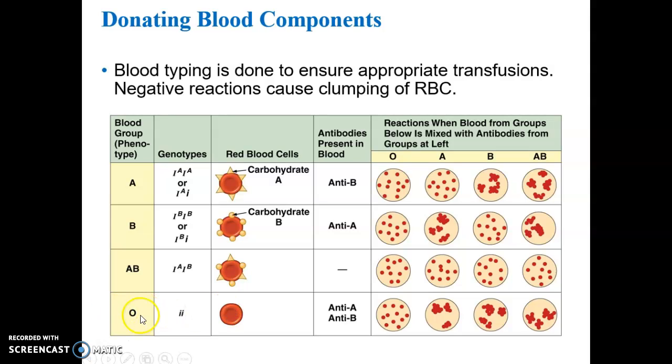So blood type O could be a donor for blood type A. How about blood type A? Well, that's the same blood type. So blood type A donor is going to be red blood cells that have surface molecule A, and that's okay because patient A, blood type A, has anti-B antibodies, and they're not going to attack molecule A.